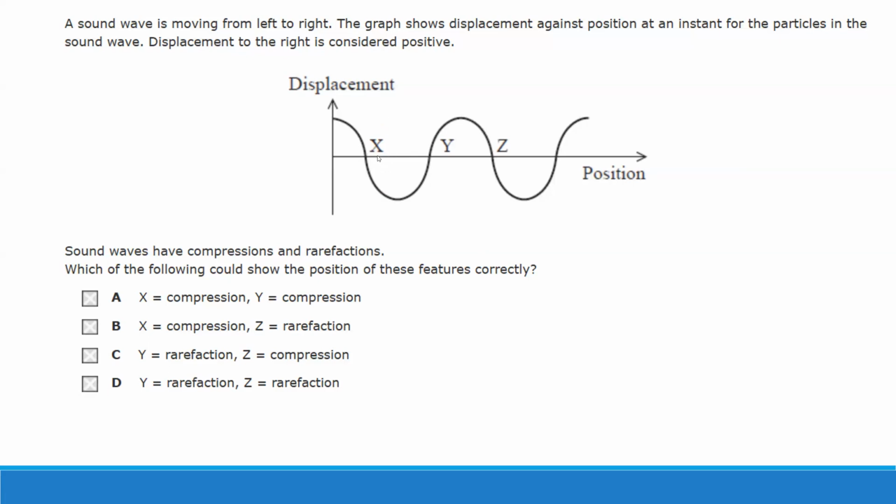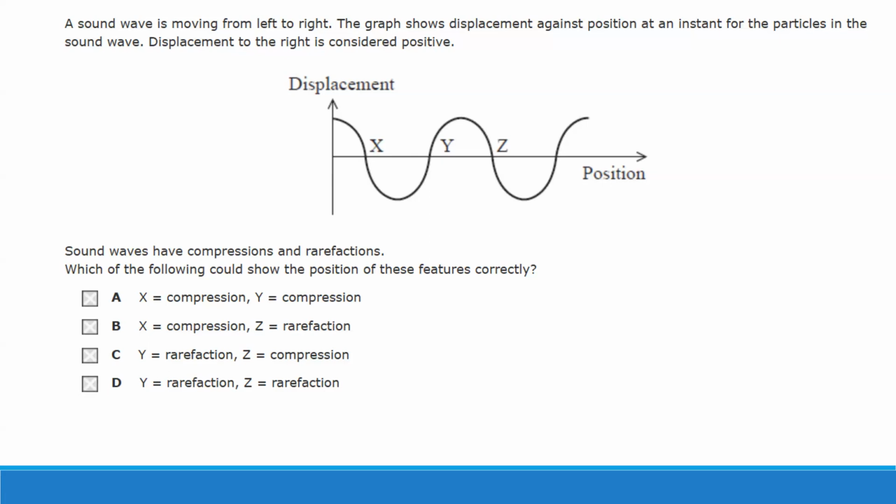Good. So X is a compression, Z is a compression, Y is a rarefaction. So which is the correct answer? So Y is a rarefaction, right?